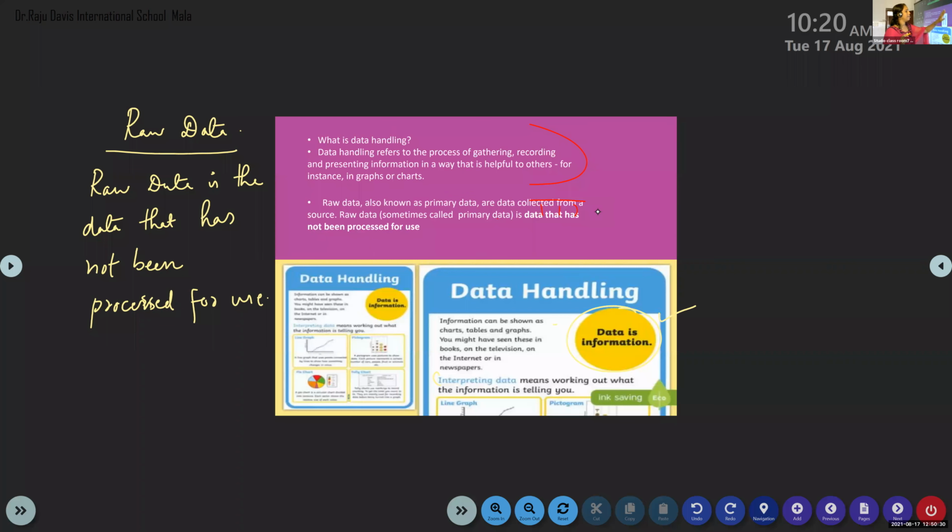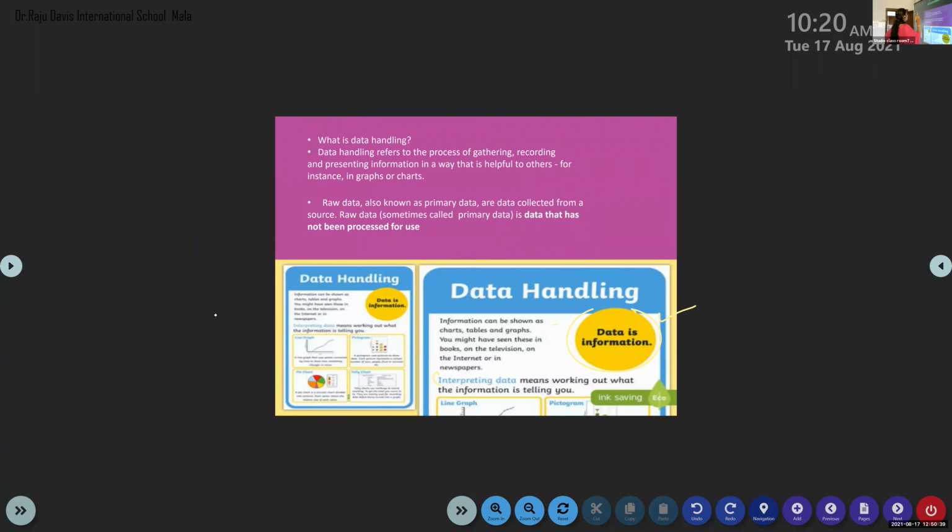After raw data, we studied organization of data, right, children? Yes, ma'am. So shall I write that? Organizing the data.